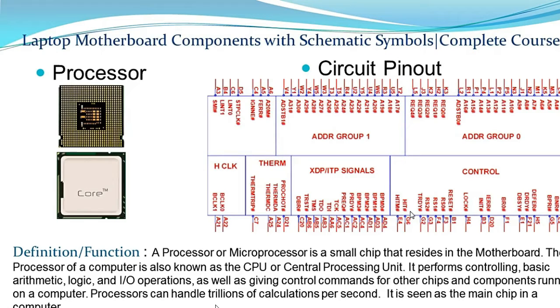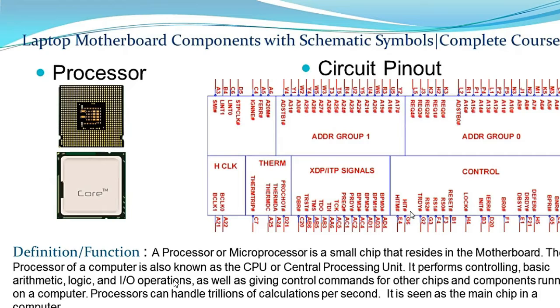Processors can handle trillions of calculations per second. It is seen as the main chip in a computer. So here we have seen that the processor gives the control commands to all chipsets in the motherboard.